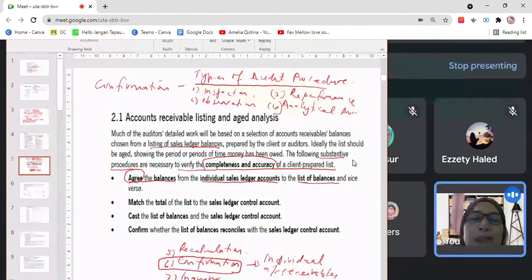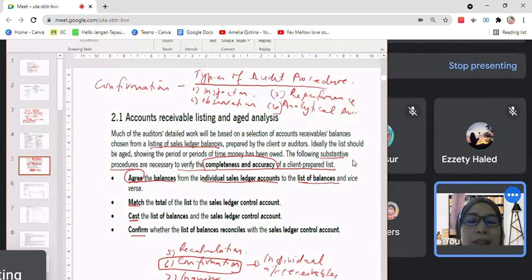The verb is agree. Then you compare the total of the list to the sales ledger control. Calculate the list of balances against the sales ledger control, and confirm whether the list of balances reconciles with the sales ledger control account. So it should be reconciliation to the control account.